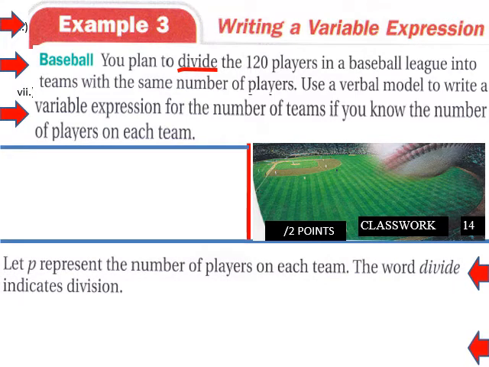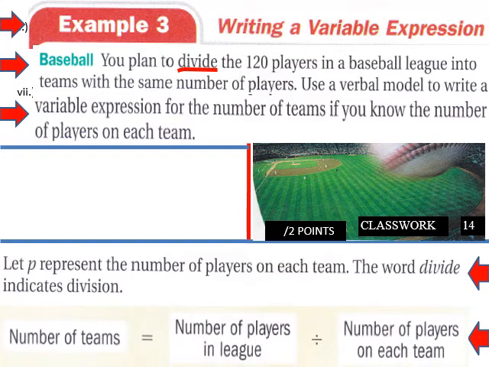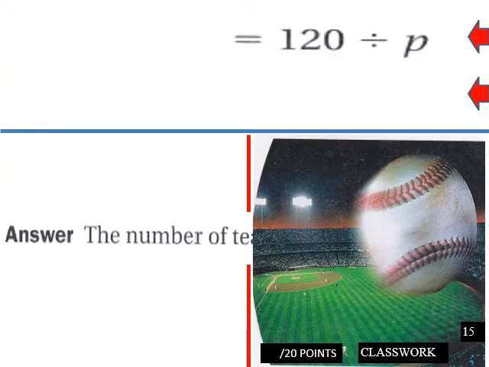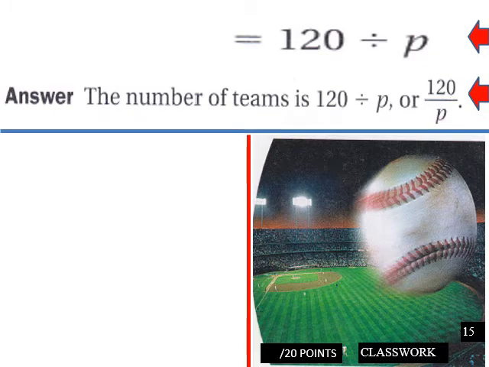Then we're going to write another variable expression here, this time about baseball. Number of teams, number of players, divided by number of players in each team. So, good summertime World Series problem here.